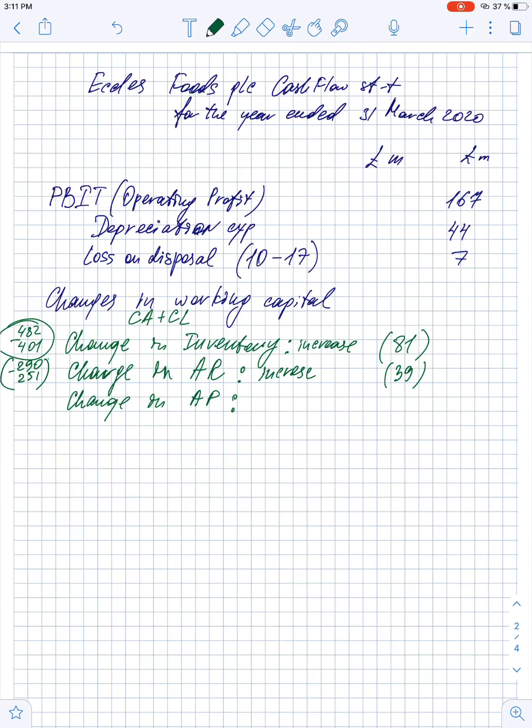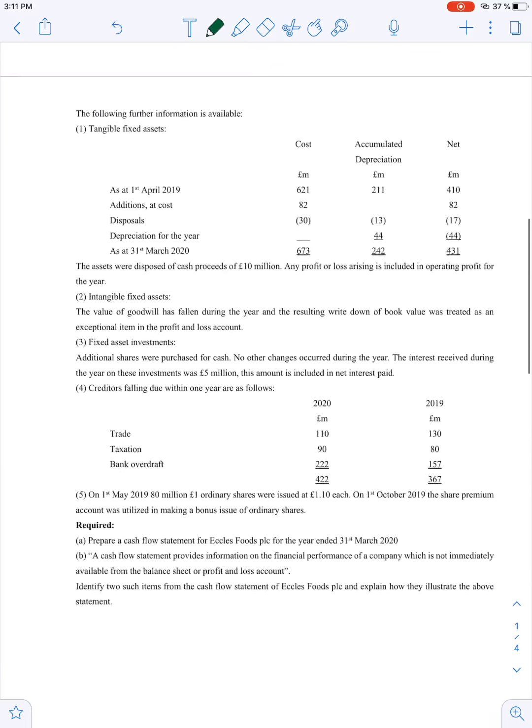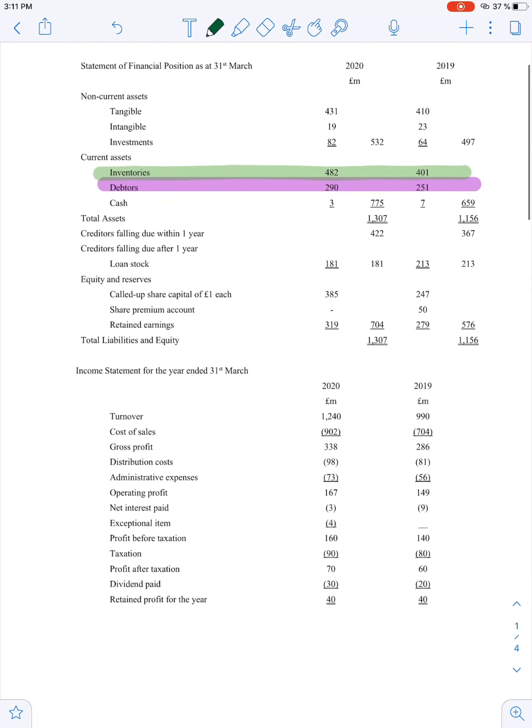And the last line which should be considered here is accounts payable. Accounts payable is a liability. So we have to look at the current liabilities section, find the creditors due within 1 year. That would be current liabilities. And we can see an increase falling within 1 year, yes.